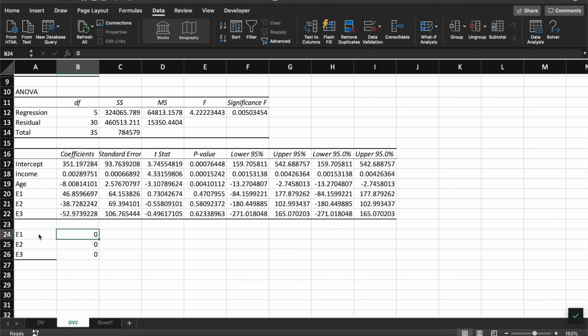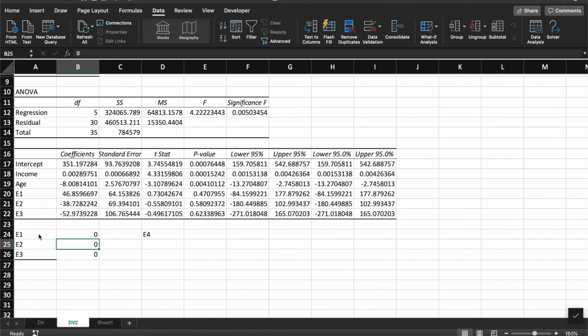So what this means is that on average, soda expenditures for people with an education less than high school is no different from the base category, E4, which is people with a college degree. Okay, so this coefficient of 0 means that there is no difference between soda expenditures between people with a less than high school education and people with a college degree.